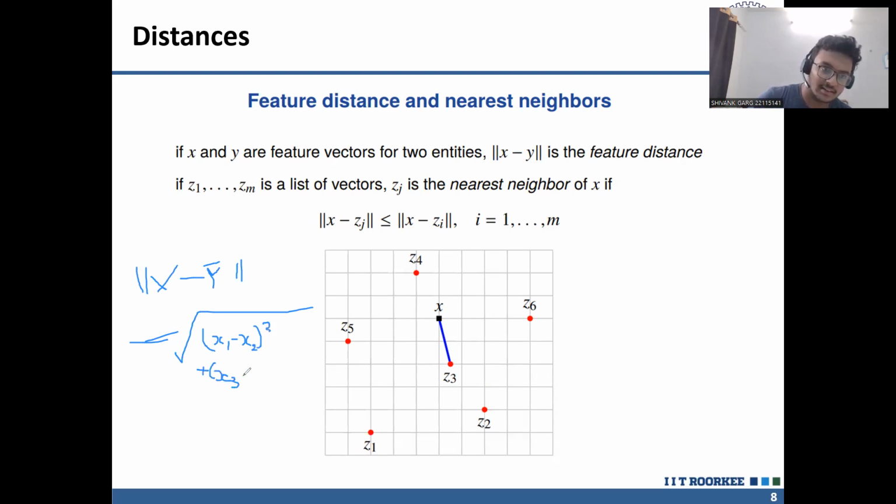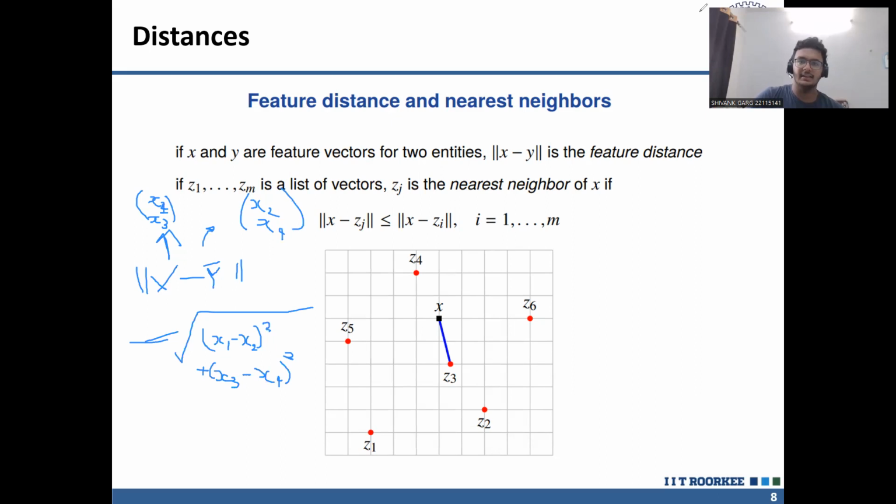So this is how it is defined. If x is the vector (x1, x3) and y is the vector (x2, x4), this is how the distance is defined.